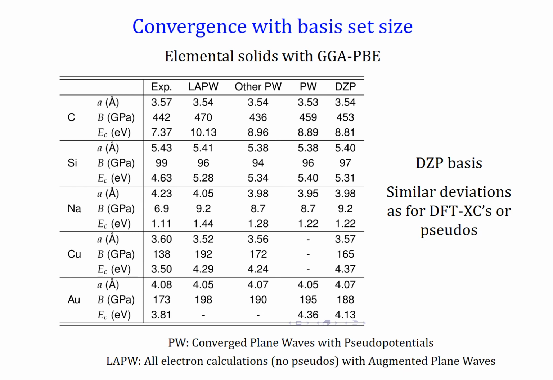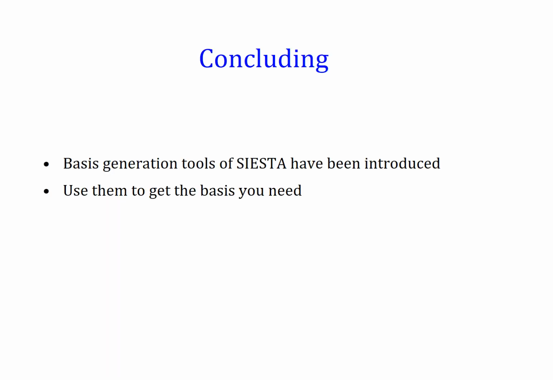And you can see that the deviations between the different columns, the DZP as compared with the plane wave, give you deviations that are very comparable with any of the other deviations in the table. So with that, I conclude. I have given you a general feeling of how to generate basis sets with Siesta and a tour of the generating tools. And the key thing is to use them in order to get what you need.